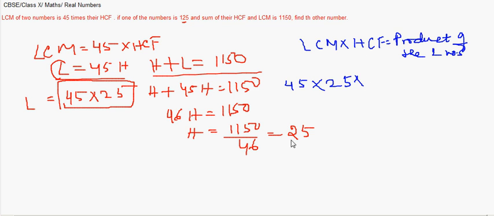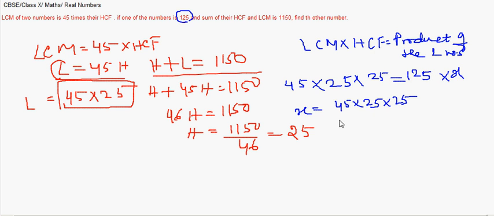HCF we have calculated to be 25. So the product of the two numbers: the one number which is given to us is 125 and the other one, let us assume X, is the one which we have to find. So X will be 45 into 25 into 25 by 125.